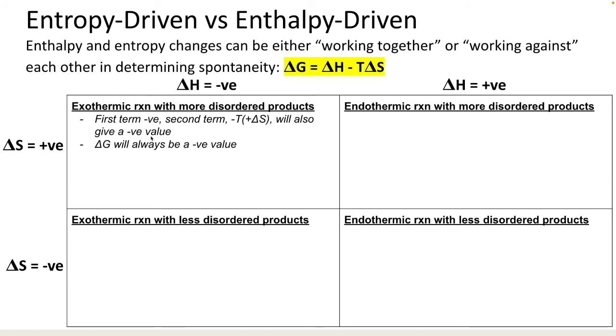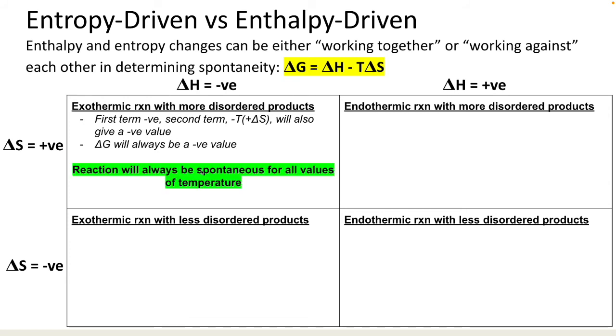This is always going to give us a negative value for reasons we've already talked about. Essentially, if we have an exothermic reaction that creates more disordered products, our reaction will always be spontaneous. It doesn't matter what the value of temperature is, that's always going to be a spontaneous reaction.